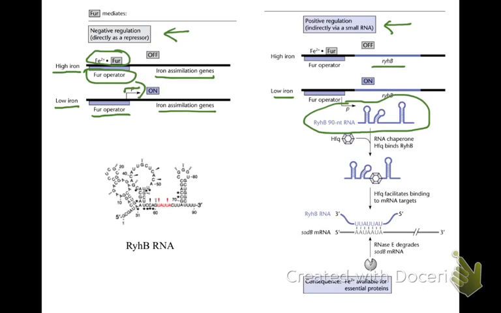HFQ binds and stimulates this binding to the RNAs in other operons that are encoding proteins that need, or bind, iron.